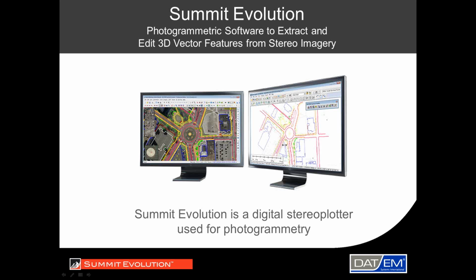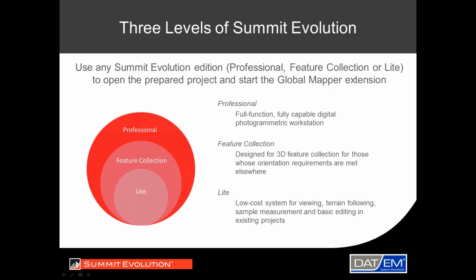You would have Global Mapper on your other screens, and you can edit, you can digitize in 3D, and you can see your vector data in 3D superimposed on the Summit Evolution side. So Summit Evolution comes in 3 levels depending on what kind of applications you need to do with it.